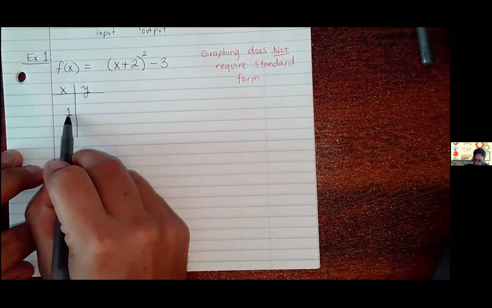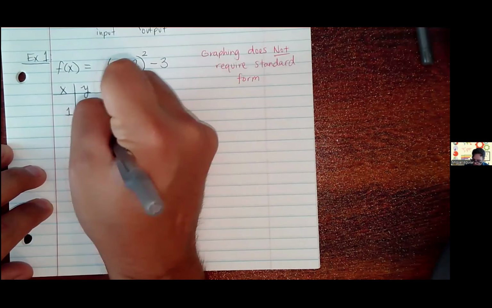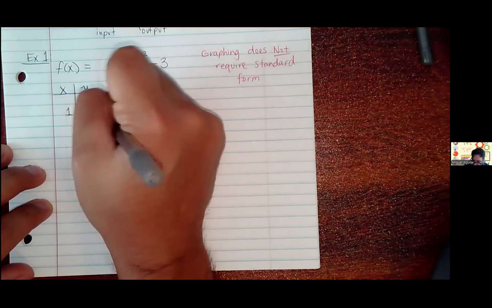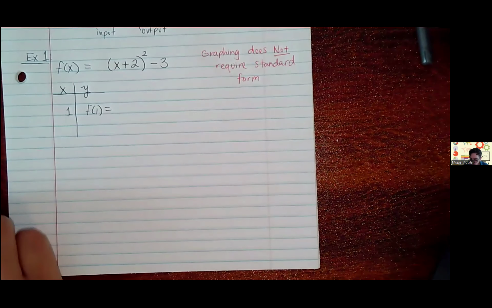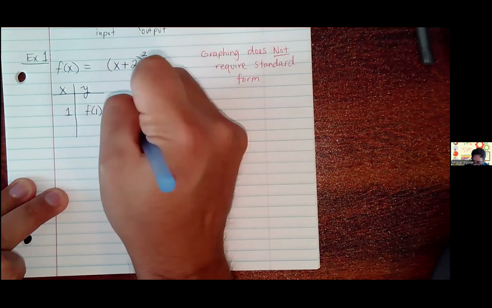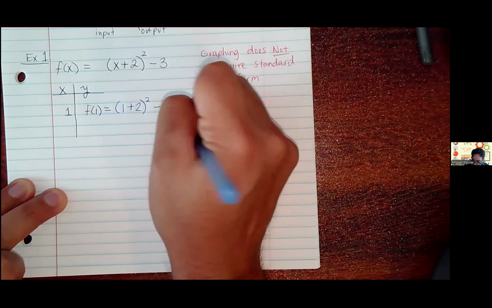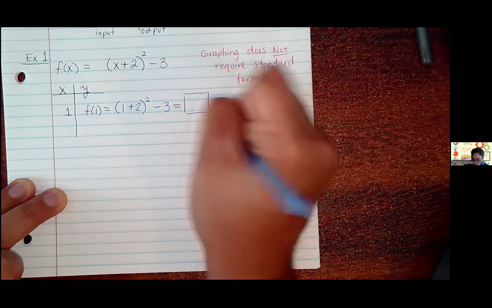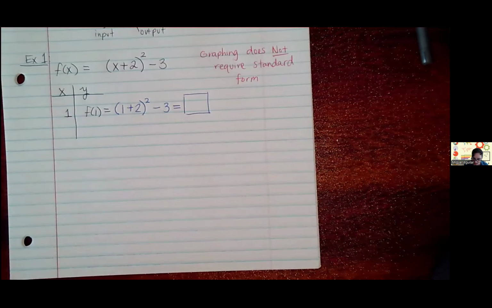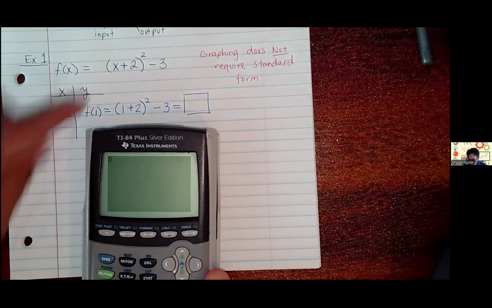And if we plug 1 into this equation, remember that would be like evaluating f of 1, which you don't have to necessarily write. I just wanted to sort of bring back that notation. What we're really doing is plugging 1 in for x. So we're going to have (1 plus 2) squared minus 3. And then the calculator is going to give me my y value, right? Or if it's a simple enough problem, you could do it in your head or by hand, but I say just grab the calculator and type in exactly what we wrote.